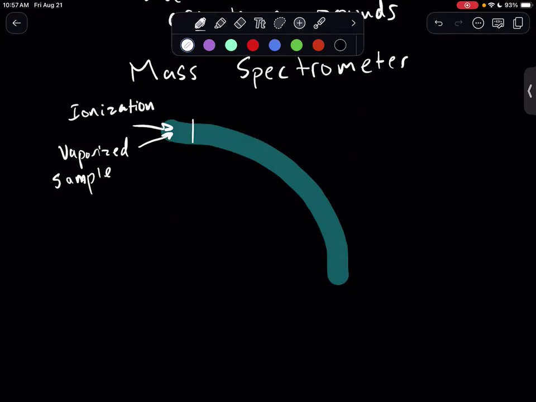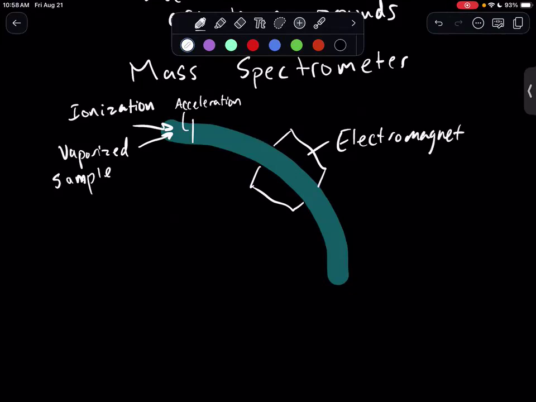Once you do that, you then accelerate it. So you force that compound to move through this tube, which has a very big electromagnet. And finally, it's got a little detection thing at the end.